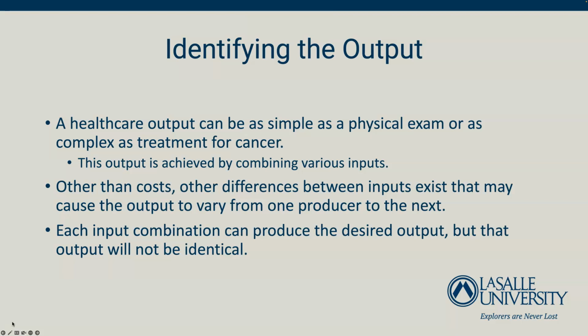Other than cost, other differences between inputs exist that may cause the output to vary from one producer to the next. Each input combination can produce the desired output, but that output will not be identical, and that explains why we see variation in the quality and quantity of service provision across different providers.